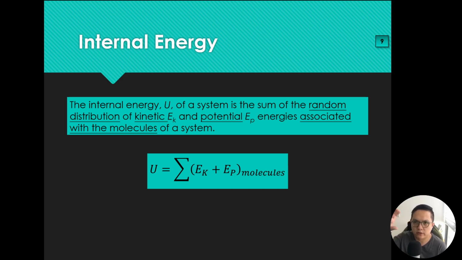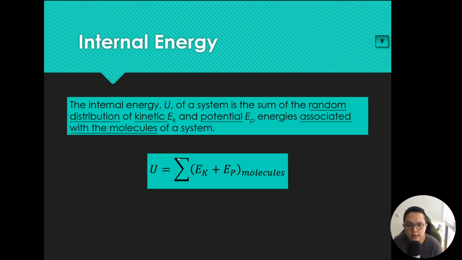Like if I push a container across the screen this way, this is not the half mv squared that I want. Potential energy is not your elastic potential energy or gravitational potential energy. Basically I'm talking about the molecular kinetic and potential energy. How much kinetic energy does each molecule have? How much potential energy does each molecule have? If I want to find total internal energy, I sum up all the EK and EPs of all the molecules.